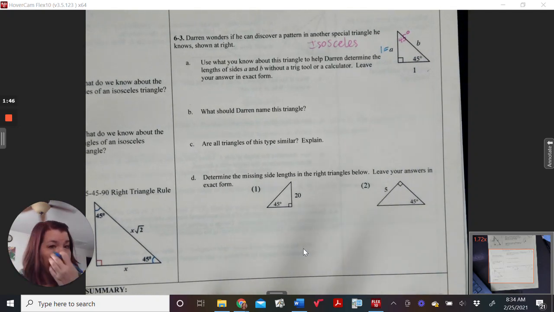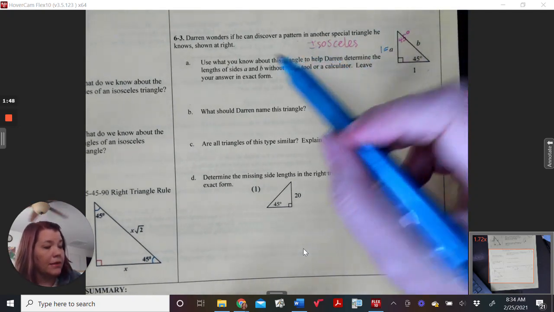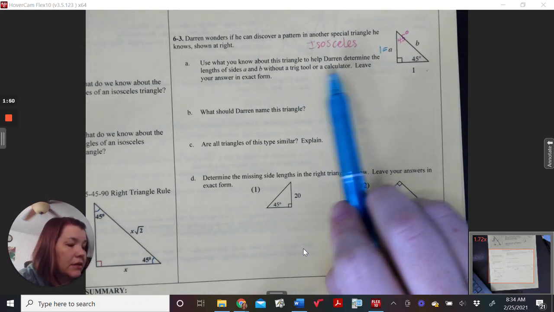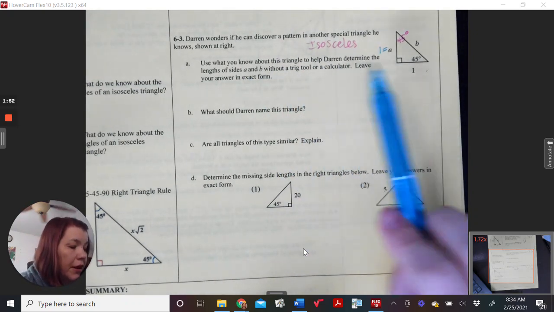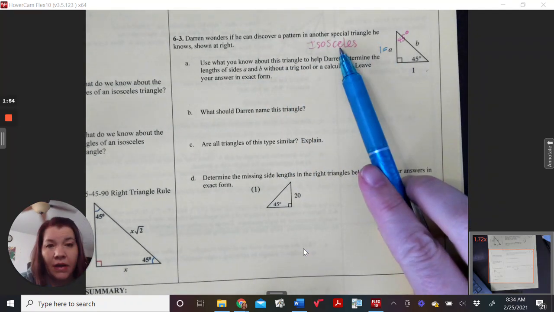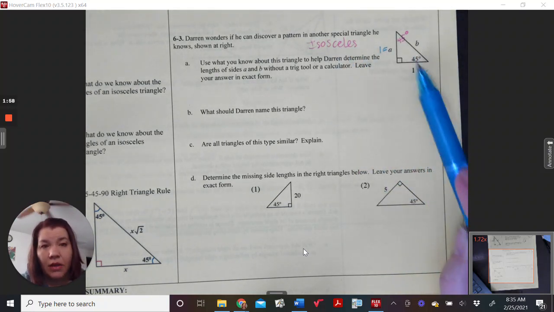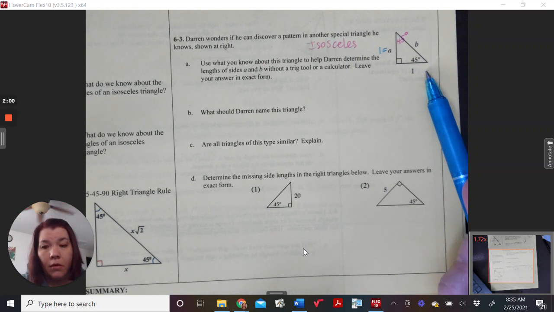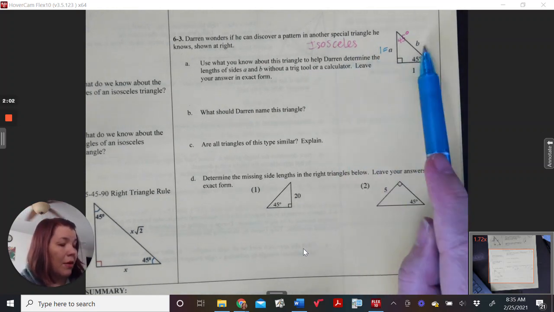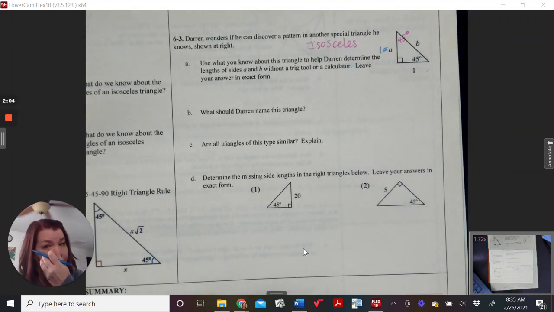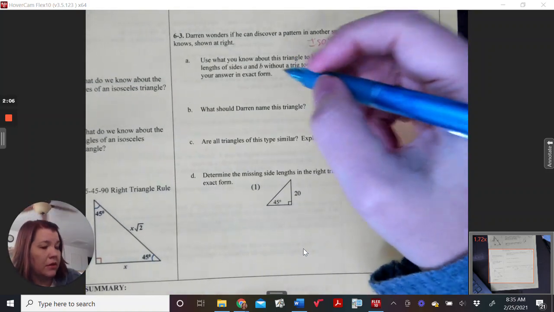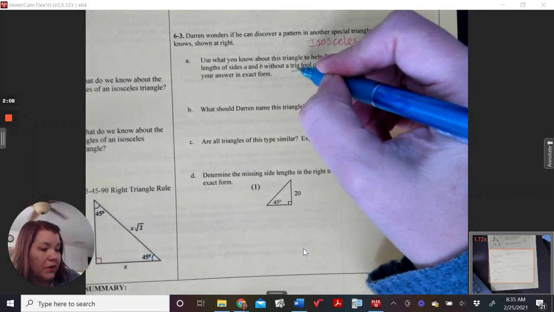Okay. So it says I need to figure out the lengths of the sides A and B without a trig tool or calculator. So we figured out A based on the fact that it's isosceles, which means the two sides have to be the same length because the 45s are the same. Okay. So how do I find B? Well, I'm going to use the Pythagorean theorem. And it says to leave my answer in exact form because I can't use a trig tool, which means I can't use SOHCAHTOA.